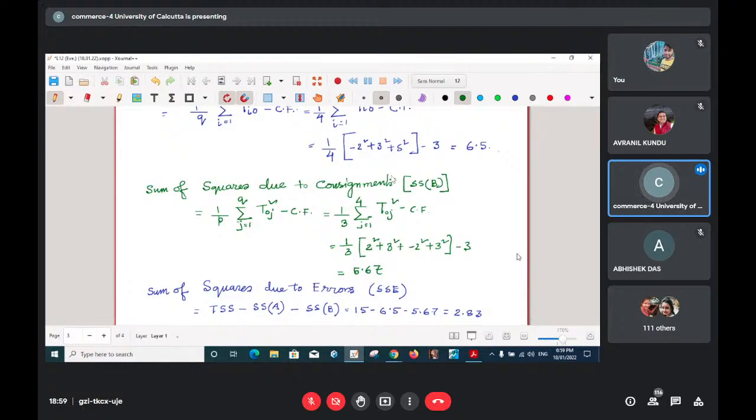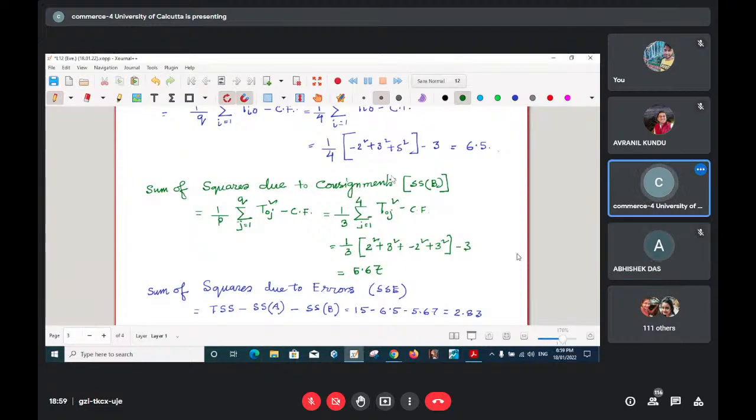Variation is coming due to error, that is only 2.83. Total variation minus variation coming due to factor A minus variation coming due to factor B. Or you can write it as total sum of squares minus bracket open this plus this bracket close. The answer will be same. Is it okay? Shall I proceed? Yes, sir.